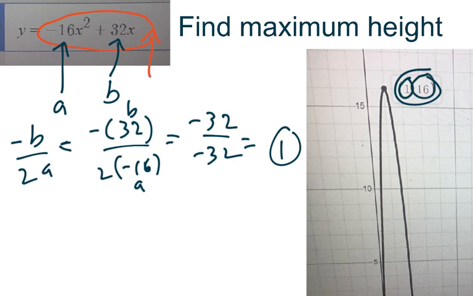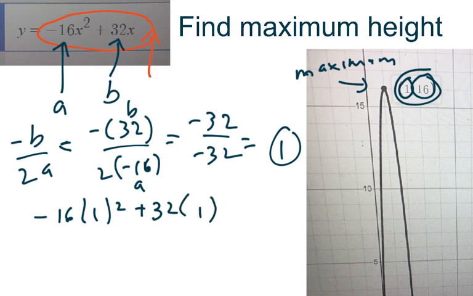Now, how do we find the 16? Very important, guys. How do we find this max value? Because you're not going to be allowed to graph it and use Desmos, okay? So how do we find that max value? We plug in that number 1, right? We plug in the 1. And if we do our math correctly, you're going to use a calculator here.